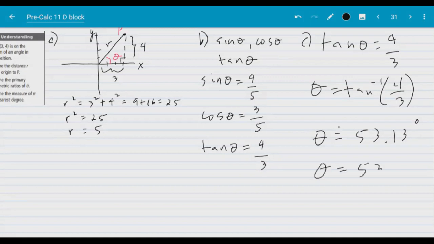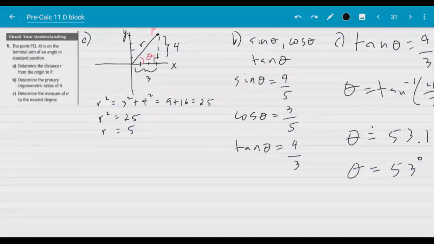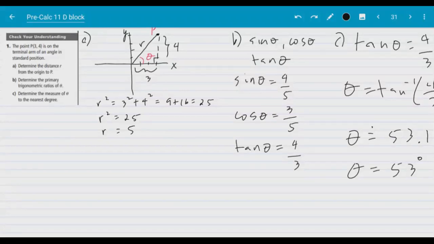It says to the nearest degree, so theta would be about 53 degrees. So what is the key takeaway here? When you're solving problems like this, I strongly suggest you draw a coordinate grid and plot the point like what I did here, to figure out how it looks. Then from that point, draw a line segment that connects it to the origin.